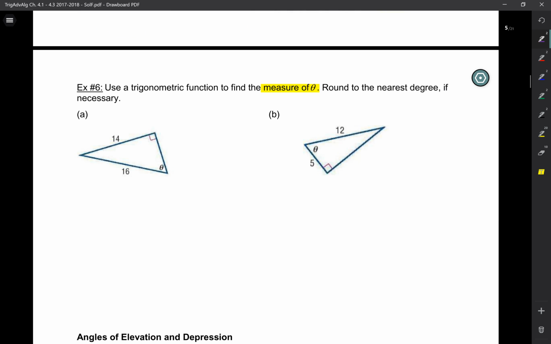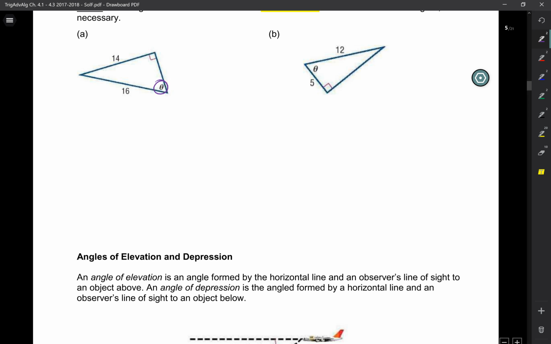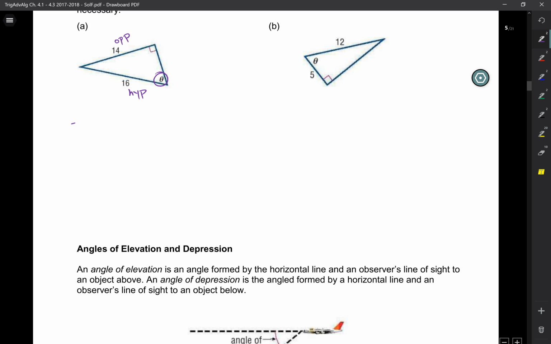Identify the angle, label the sides. This is going to be opposite and hypotenuse. Now I'm going to write a trig equation. With opposite and hypotenuse, my equation will be sine. So sine of theta, because that's the angle, is equal to the opposite over the hypotenuse.